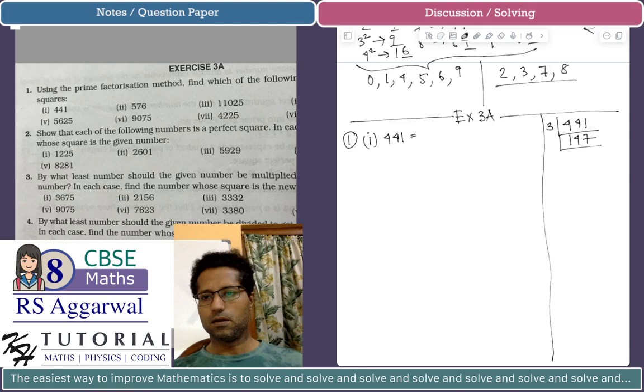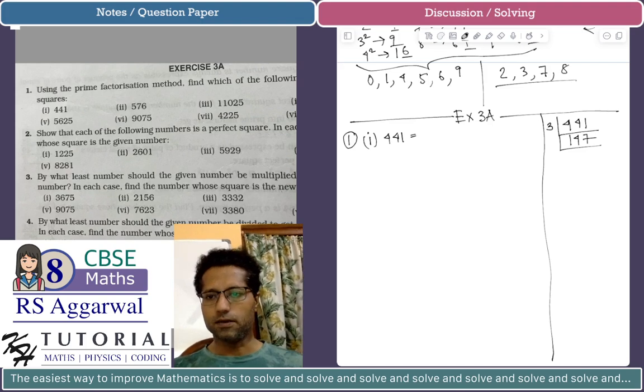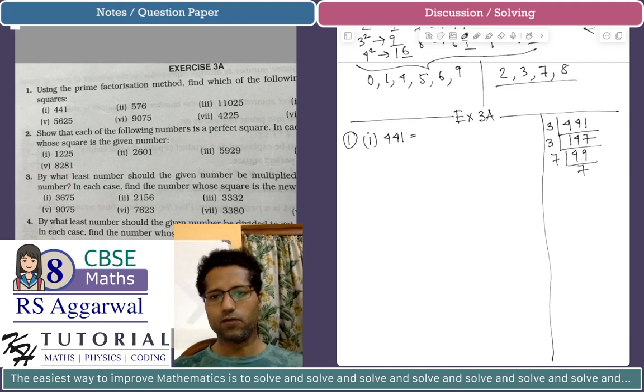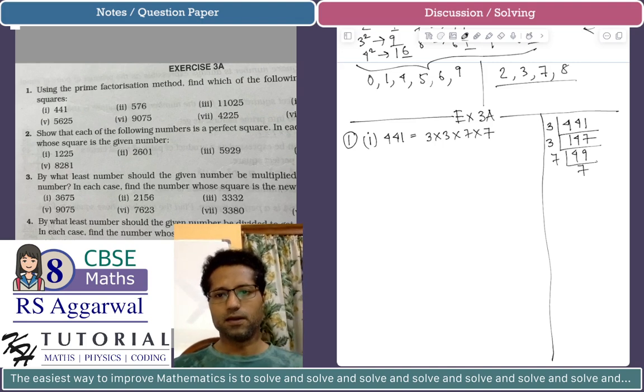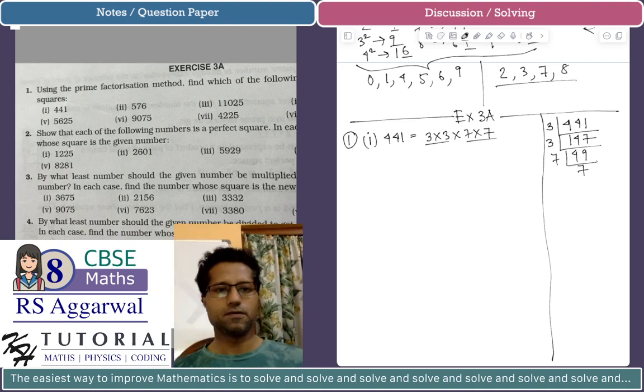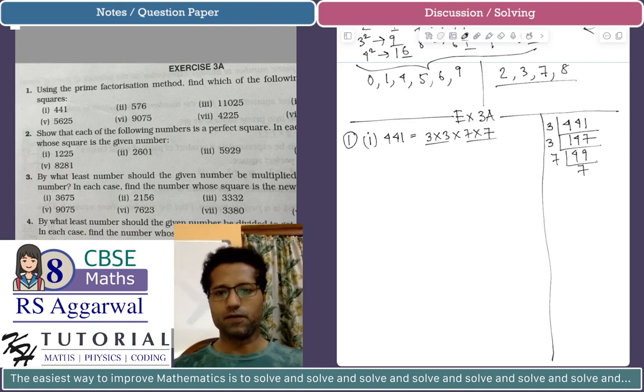Okay, now I think it will again divide by 3, 49. Okay, now I got it, 7 7. So definitely the prime factorization of 441 is 3 multiplied by 3 multiplied by 7 multiplied by 7, and clearly we can see that we get 2 pairs of equal factors. So this is a perfect square.